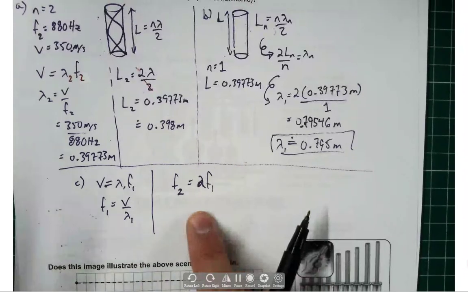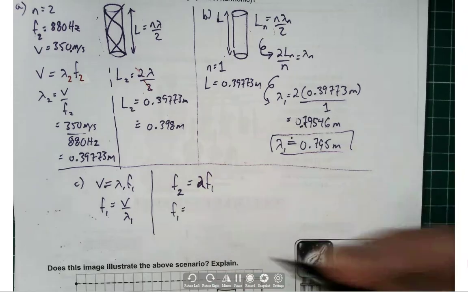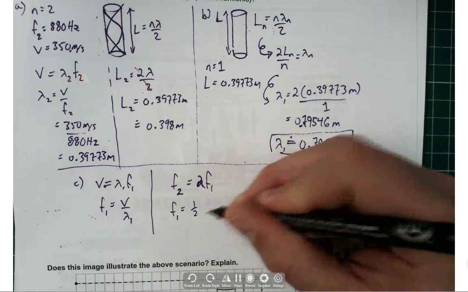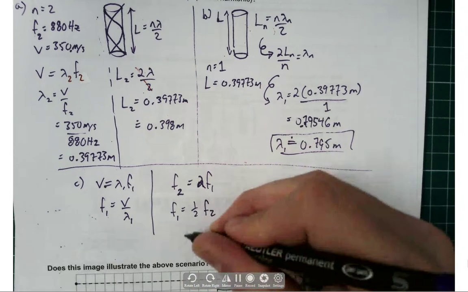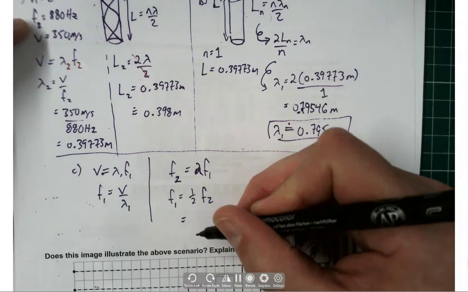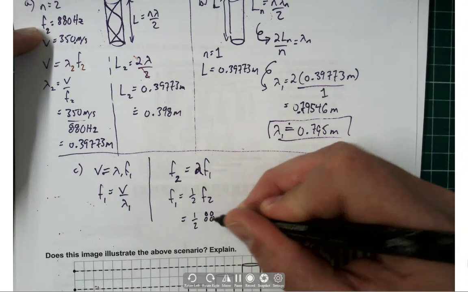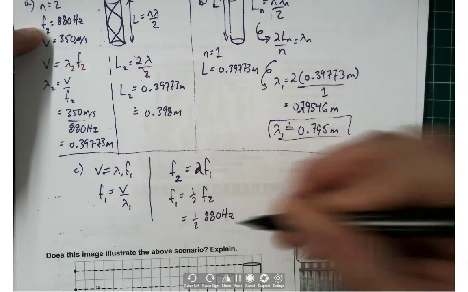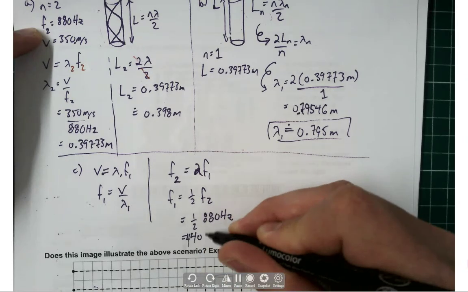You guys see why I would do that? So I would say F1 is going to be equal to 1/2 of the F2 value. But both methods are equally valid. The F2 value was 880 hertz. Look, we've got it way up here right at the beginning of this problem. So 1/2 of 880 hertz gives us 440 hertz.